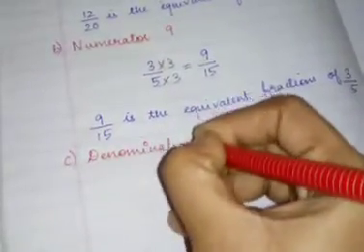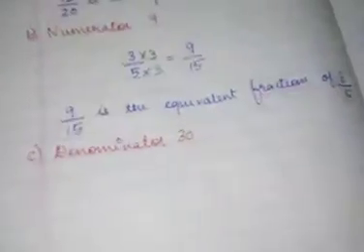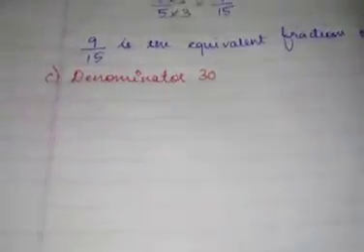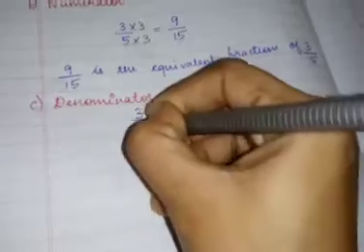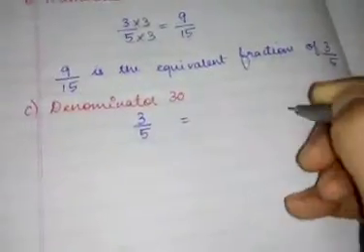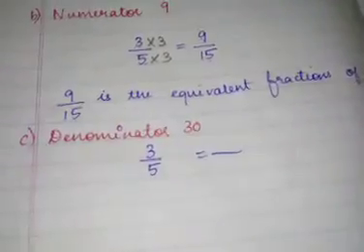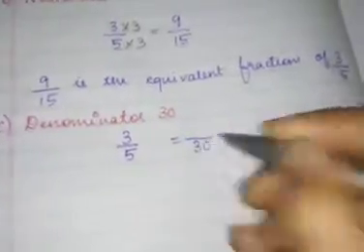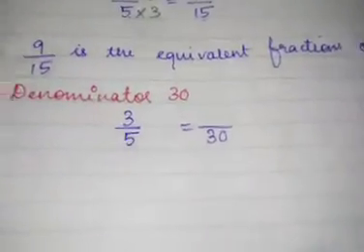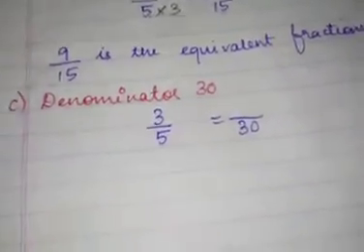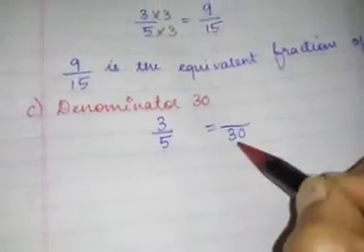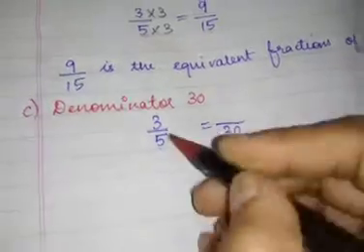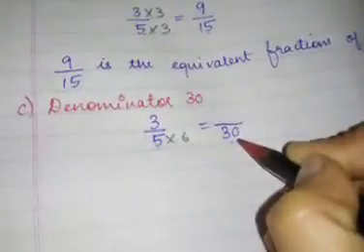Denominator 30. Okay, denominator is what? 30. So what should I do? I should find the equivalent fraction of 3 by 5 with the denominator 30. So now what should I do? I should multiply. Why? Because 5 is smallest, 30 is largest. So 5 sixes are 30.